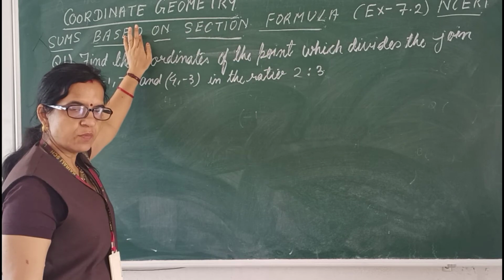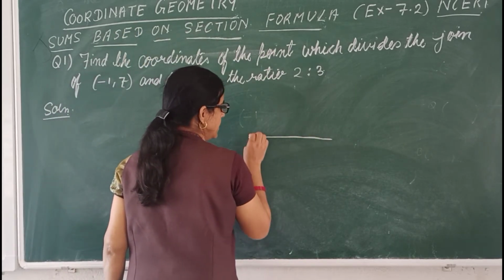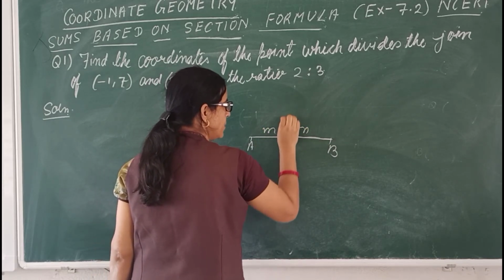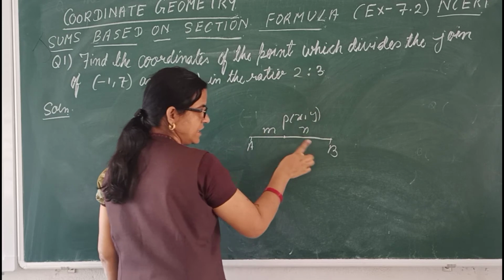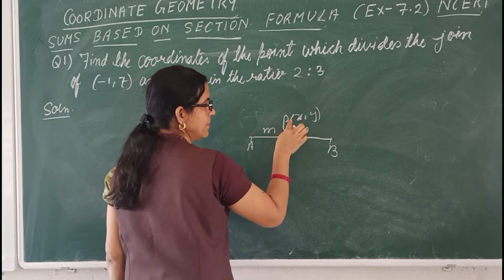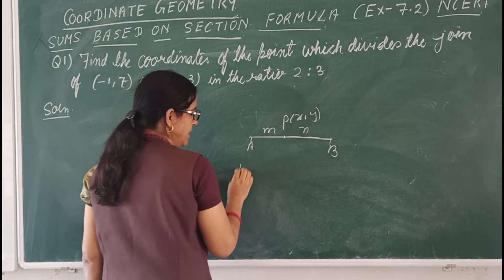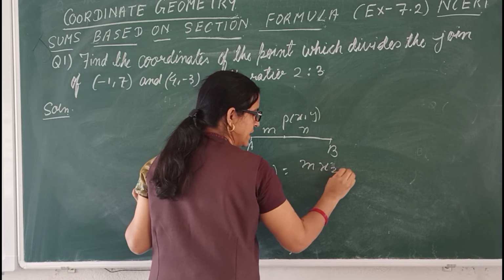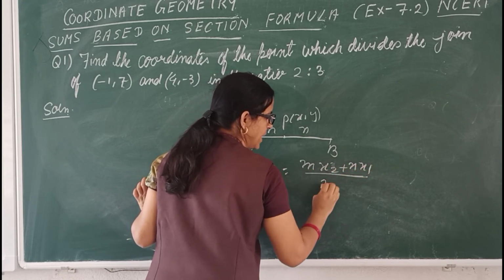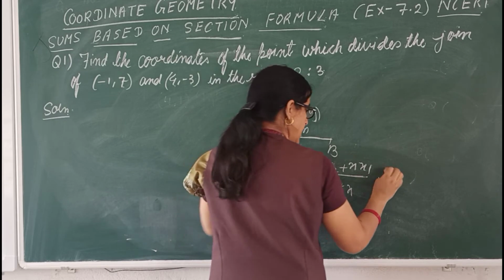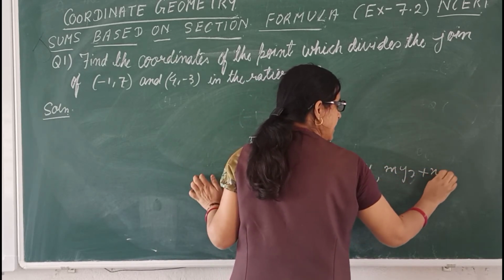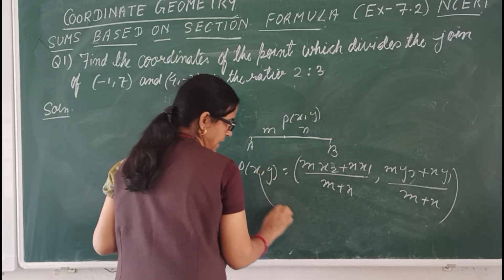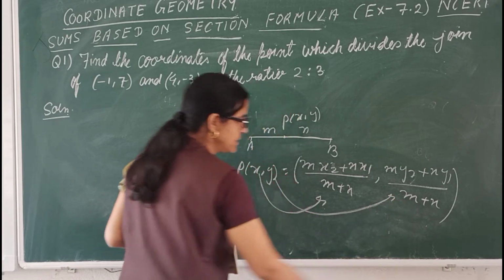Now the derivation of the section formula we have done: if a line segment AB is divided by a point, suppose P(x, y), in the ratio m is to n, then the coordinates P(x, y), that is the value of x and y, is given as P(x, y) equals (mx2 plus nx1) by (m plus n), and (my2 plus ny1) by (m plus n). That is, the x coordinate is this one, the y coordinate is this one.